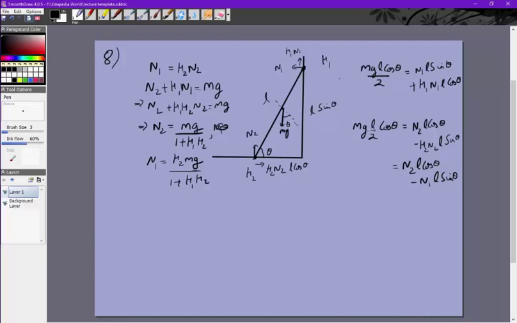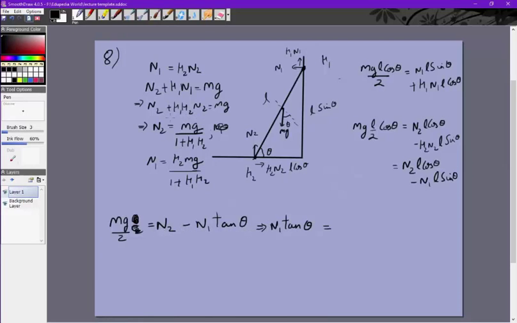So this equation is N2 L cos theta minus N1 L sin theta. We divide this whole equation by cos theta. What we get is mg L by 2 is equal to, or L also cancels, mg by 2 is equal to N2 minus N1 tan theta. So from that I get N1 tan theta, which is in a lot of the options, that's why I'm doing that, is equal to N2 minus mg by 2.